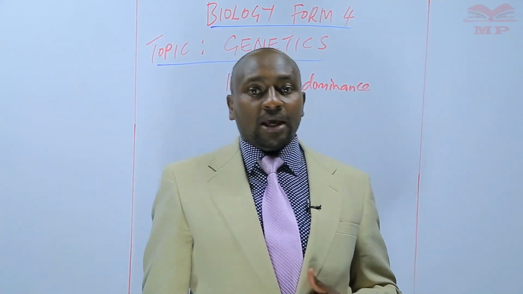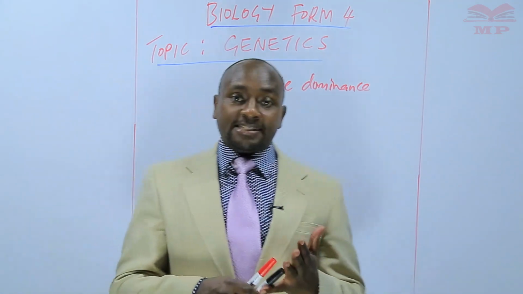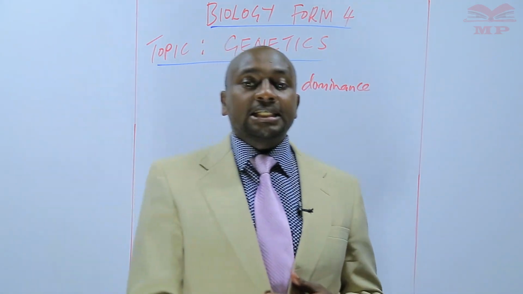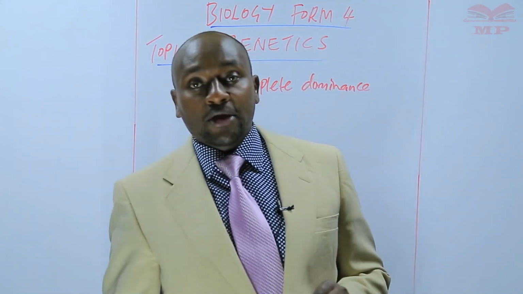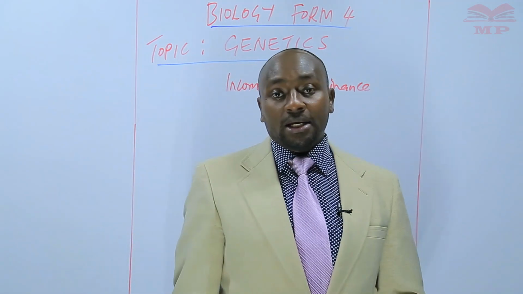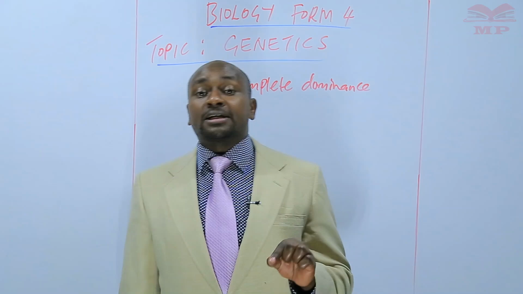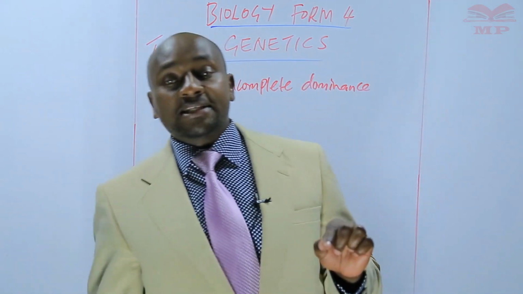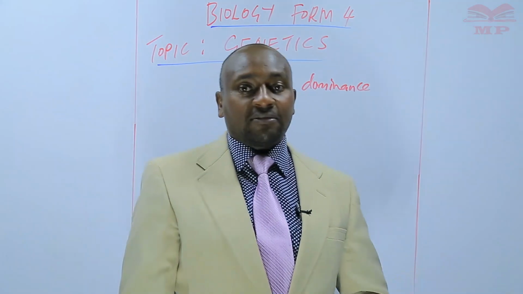For example, if we have the allele for tallness, capital T, and the allele for dwarfness, small t, both existing together, the individual will be tall. That confirms that the allele for tallness dominates over the one for dwarfness. That is what we have learned earlier.